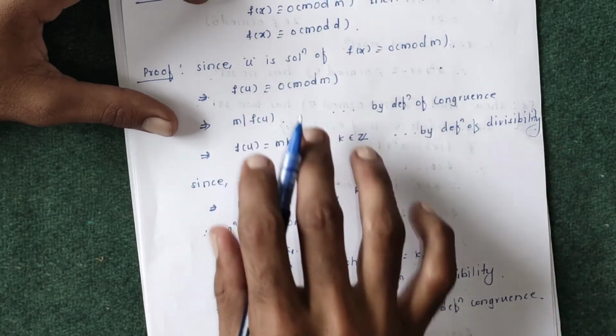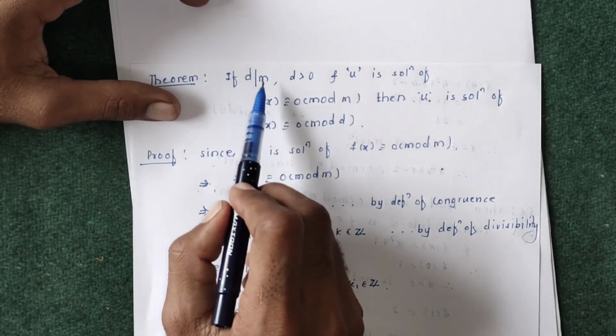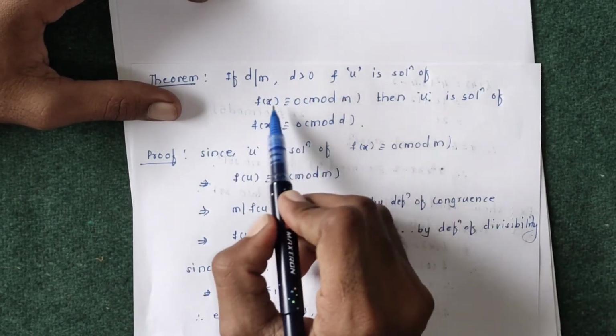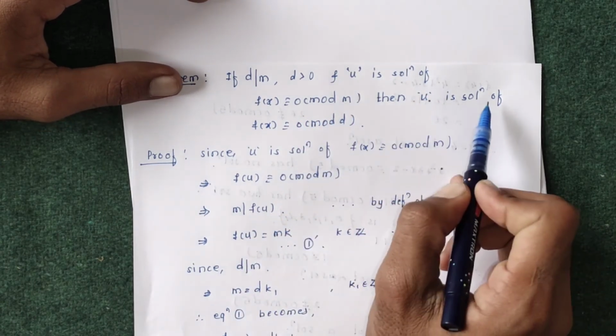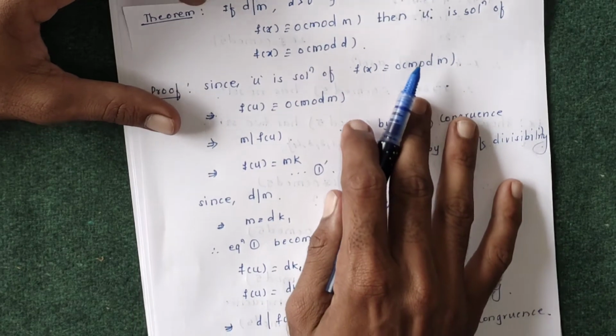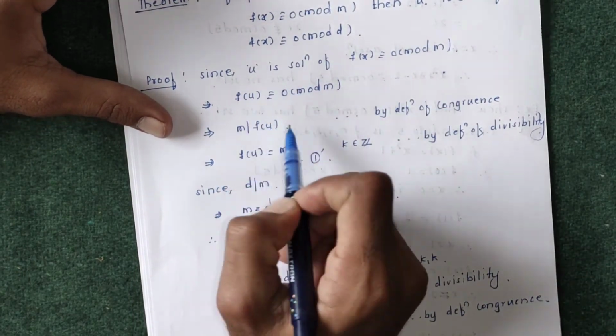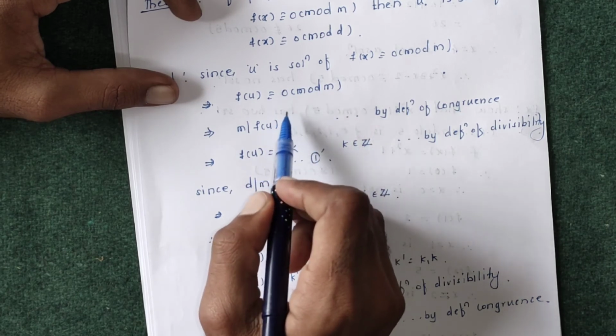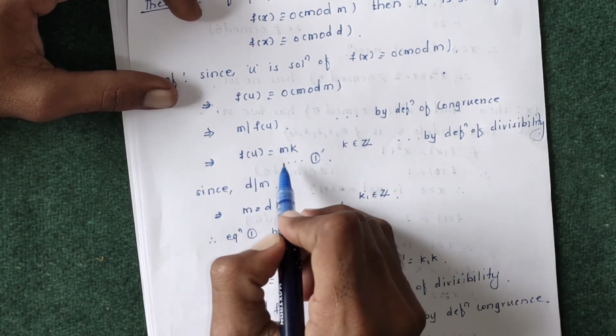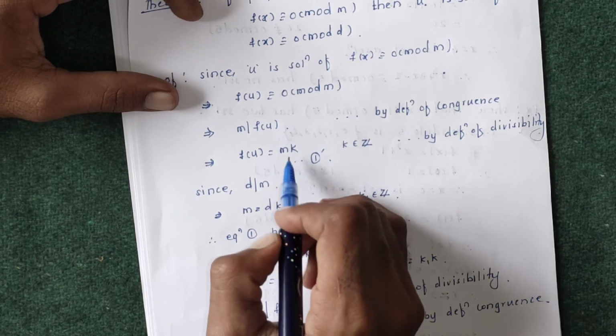Hence the proof of this theorem: we have given d is a positive divisor of m and u is a solution of f of x congruent to 0 modulo m. Then we have to prove that u is a solution of f of x congruent to 0 modulo d. Since f of u is congruent to 0 modulo m, by using the definition of congruence and divisibility, we get f of u equals m times some k.